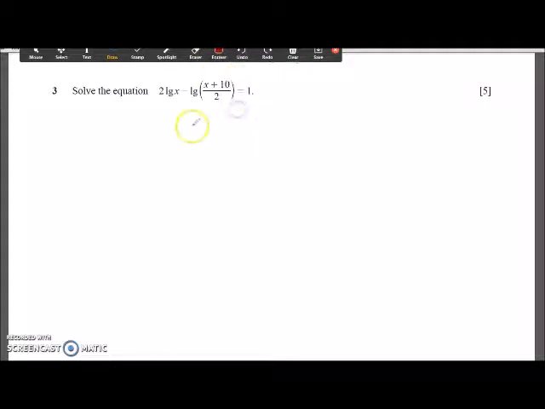So now we are going to answer the questions. These two, we move up, it becomes log x square minus, just copy and paste this, x plus 10 over 2.